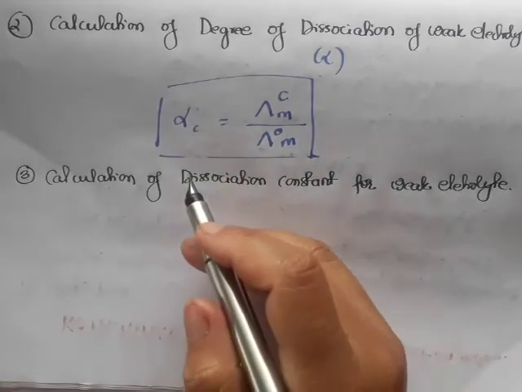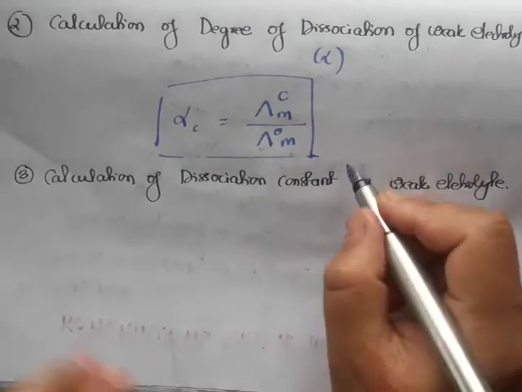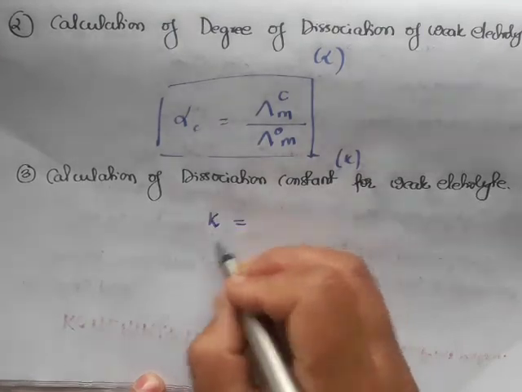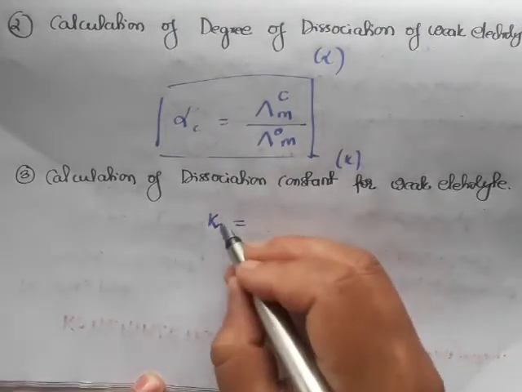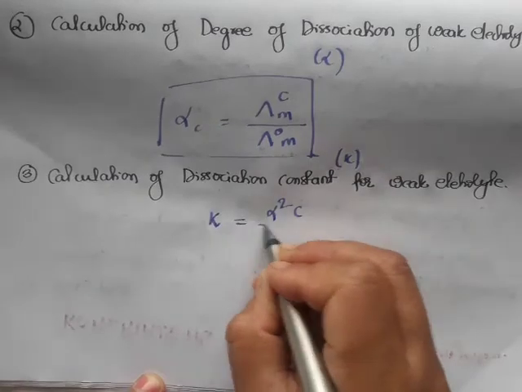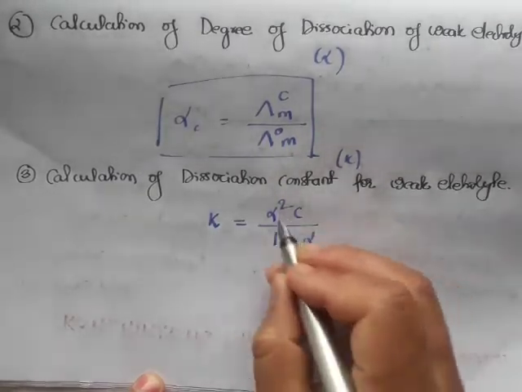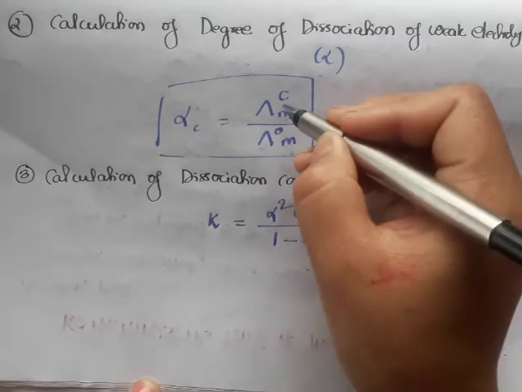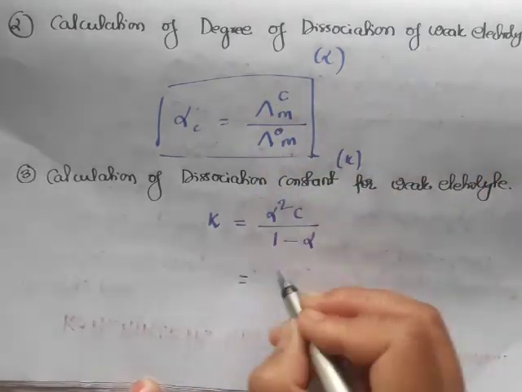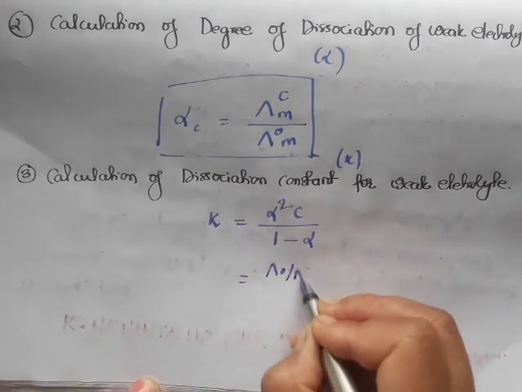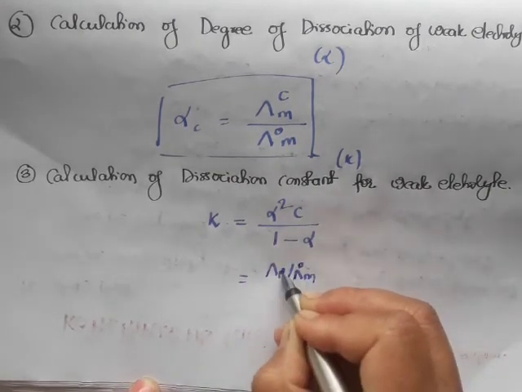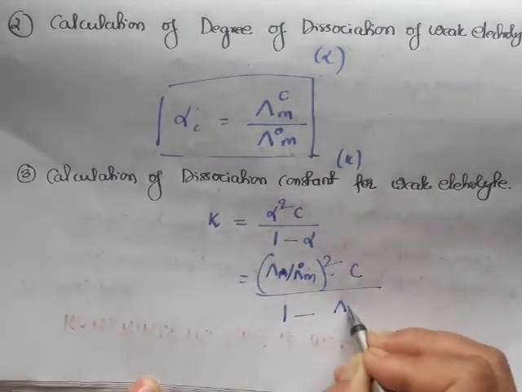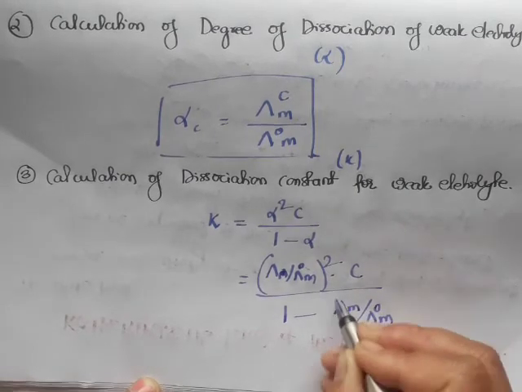The last application is the calculation of the dissociation constant. We have already studied in junior classes that the dissociation constant is alpha square c divided by 1 minus alpha, where alpha is the degree of dissociation and c is the concentration. Now this alpha we can get from this. So what we can write is lambda m over lambda naught m, whole square, into c, divided by 1 minus lambda m divided by lambda naught m.